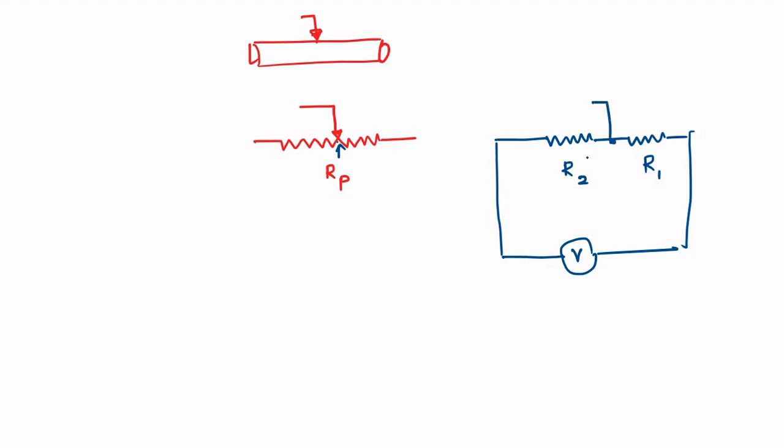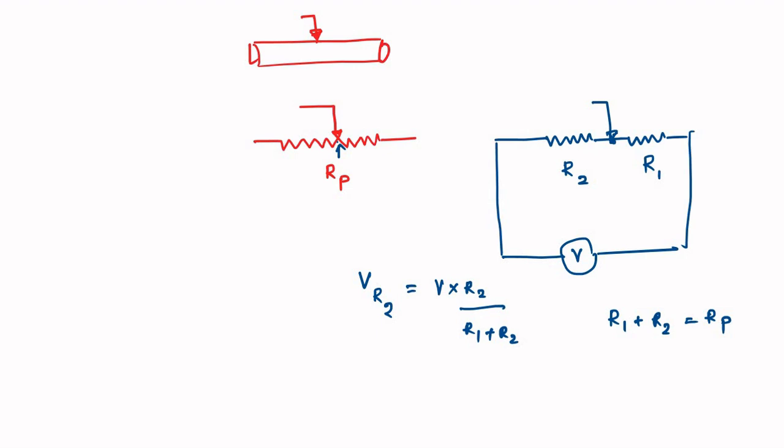With the wiper at this position, the output is taken as the voltage drop across this portion R2, which is equal to V into R2 by R1 plus R2. Now R1 plus R2 is the total resistance of the potentiometer.